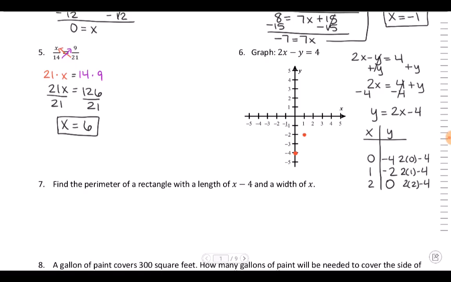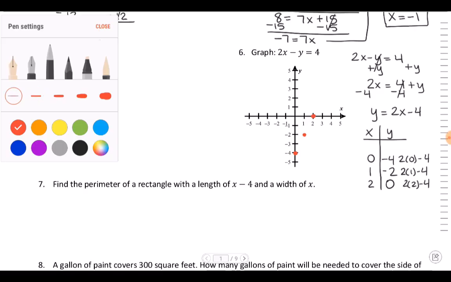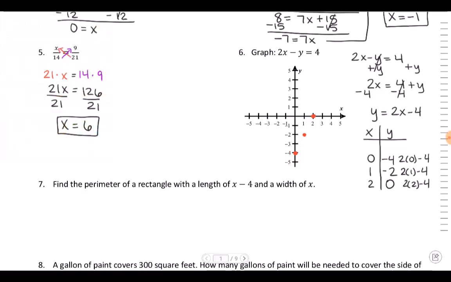And then I have a point at 2, 0, which happens to be my x-intercept. So if you chose the route of finding x and y-intercepts, then you would have gotten these two values here. So let me go ahead and connect this. Try to make that as straight as possible. It's a little bit of a struggle, but I got that.